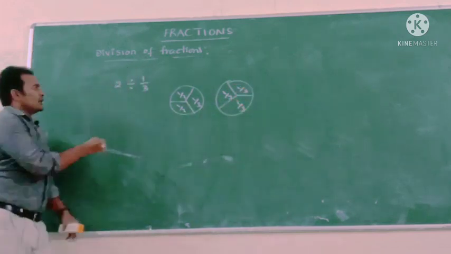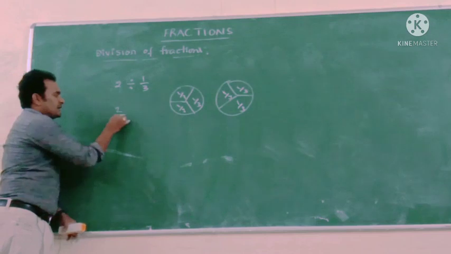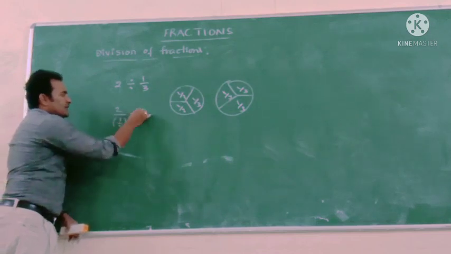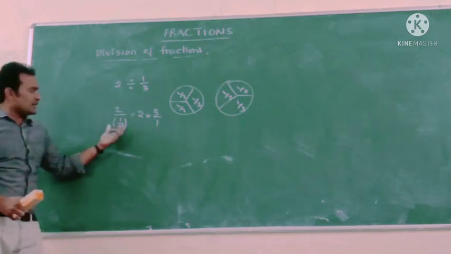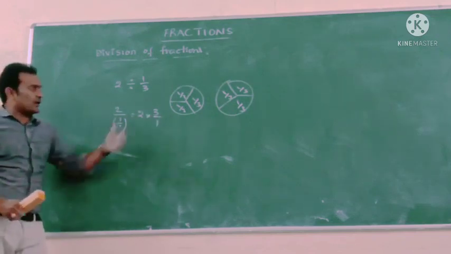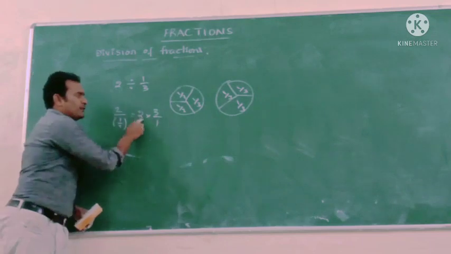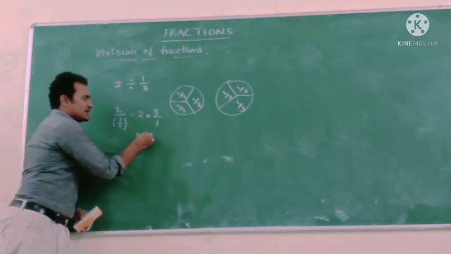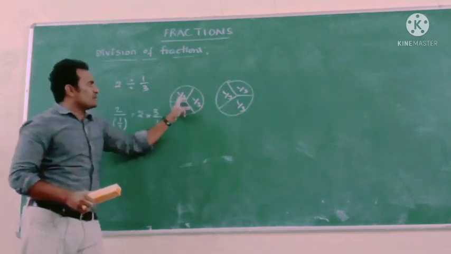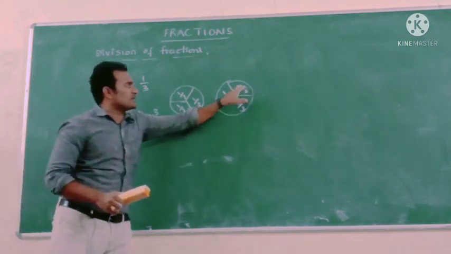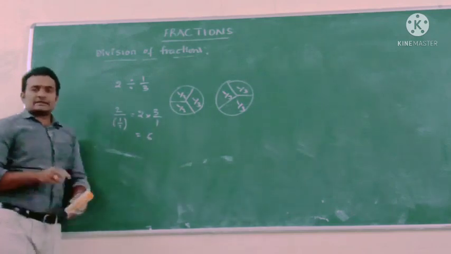So 2 divided by 1 by 3 is 2 into 3 by 1. What we have done here is take the reciprocal of 1 by 3, then multiply the whole number with the fraction, 2 3s are 6. In the diagram, 2 divided by 1 by 3 is 1, 2, 3, 4, 5, 6. Total how many parts? 6 parts.